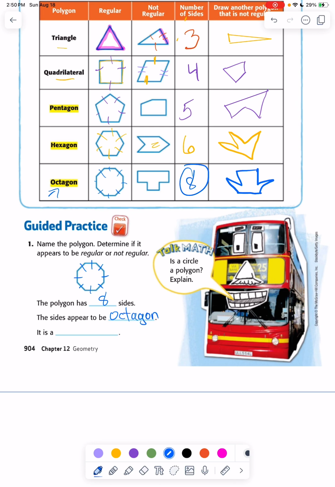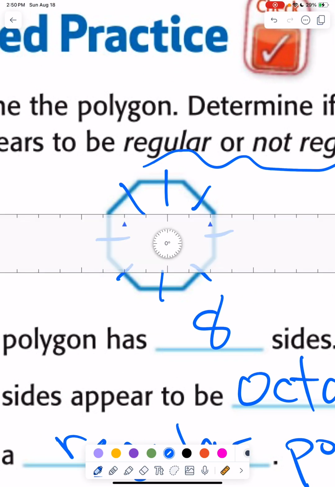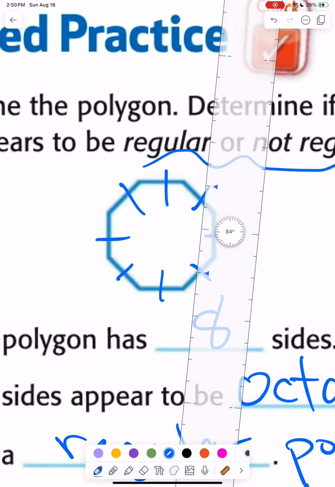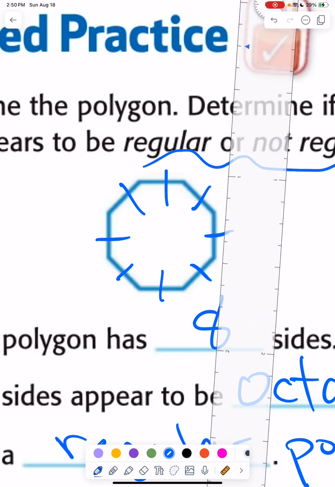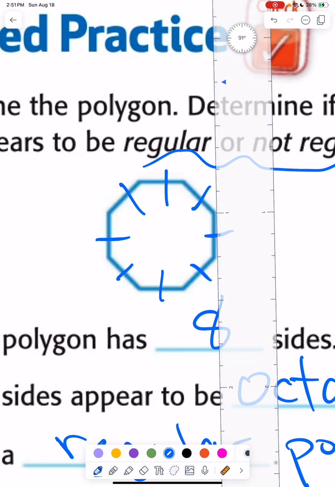Okay? And is it regular or not regular? I'd say regular polygon. Why? Those all look the same to me. We could break out the ruler if we wanted to, though, and just double check that. You're welcome to go get a ruler from the drawer over there.